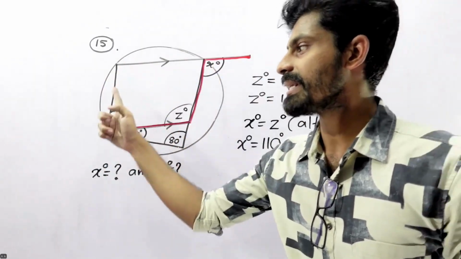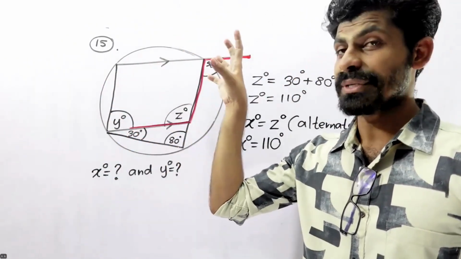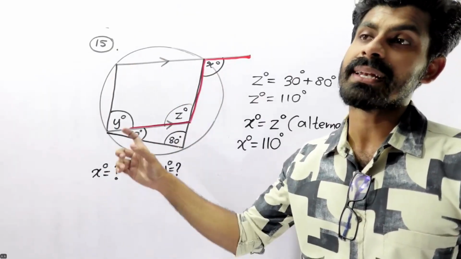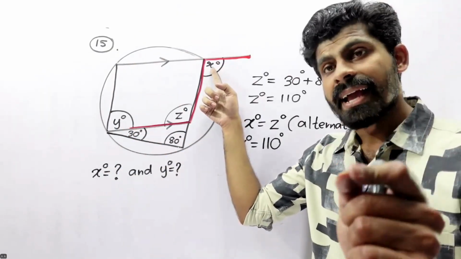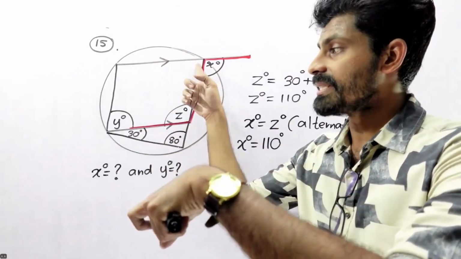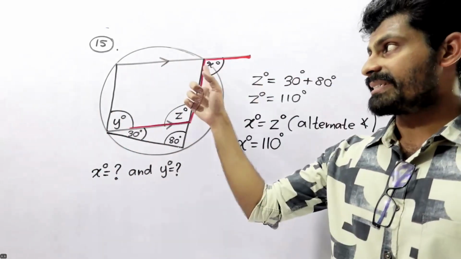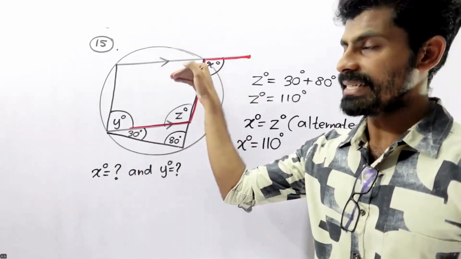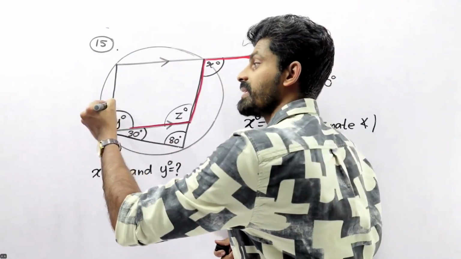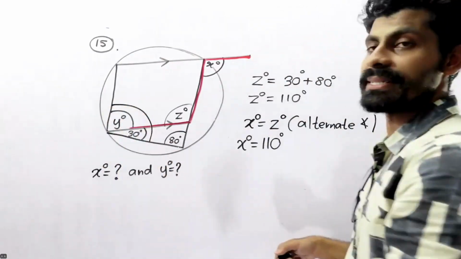Now just consider that cyclic quadrilateral. The exterior angle equals the interior opposite angle. So what is the opposite angle here? Y plus 30.